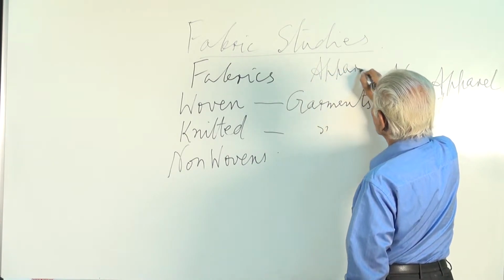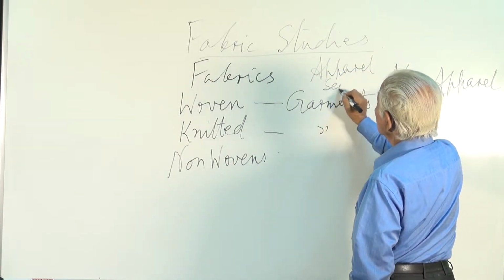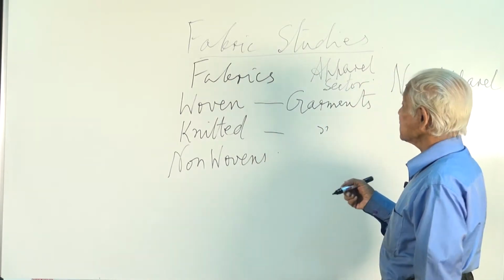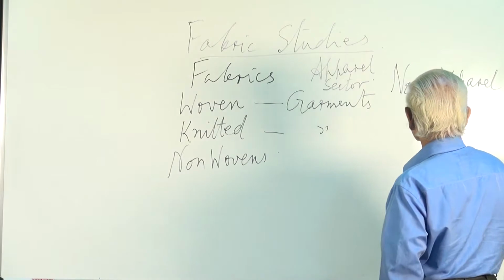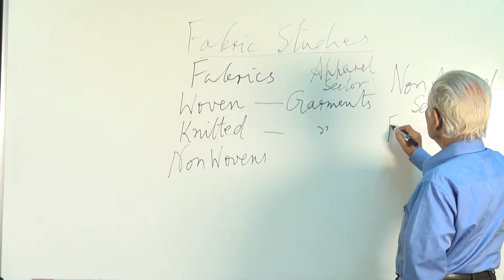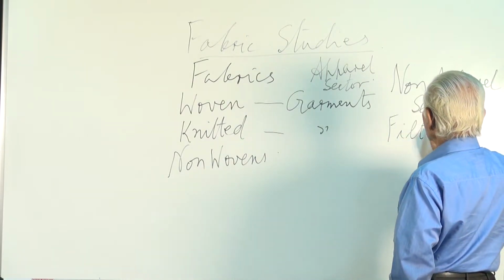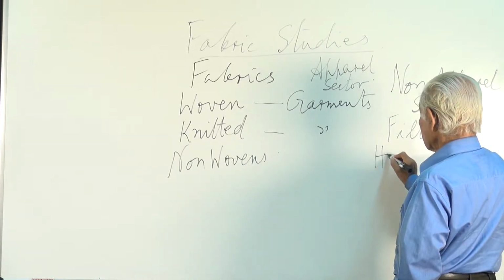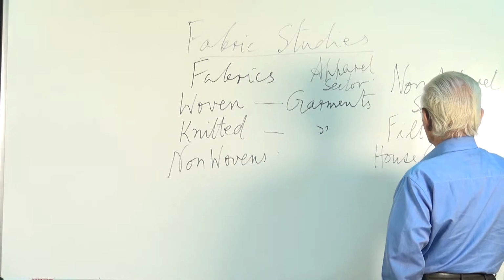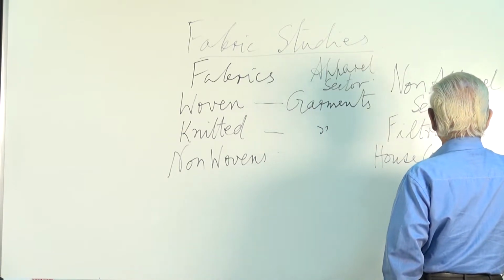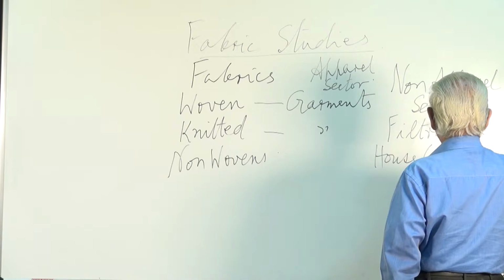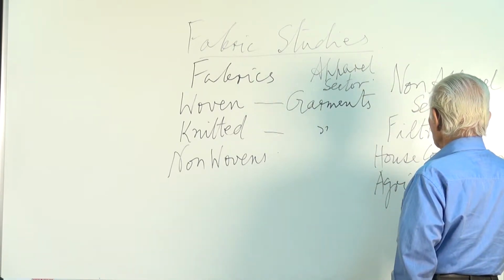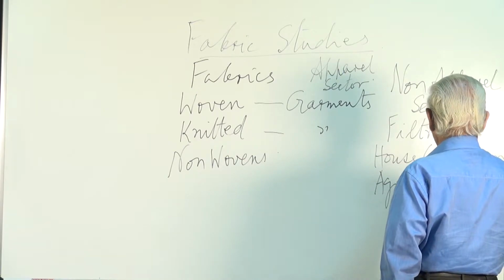Apparel sector is one where these fabrics are considered for making garments and then they are marketed. Whereas in the non-apparel sector, they are used for, say, filtration, then house construction, and agriculture, then medical.